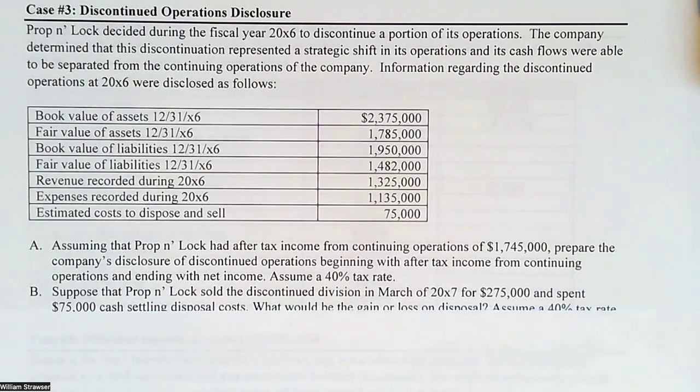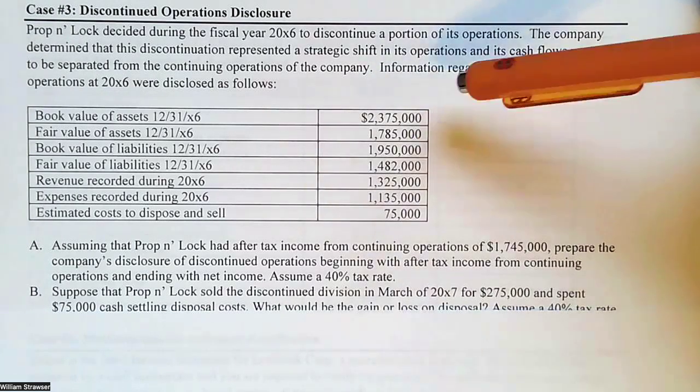Here, you actually have to calculate them, understanding what the idea of net assets is. So in this particular case, we've got a company, Prop and Lock. They decided during the fiscal year 20X6 to discontinue some of its operations. It met the qualifications of a discontinued op. It was a strategic shift. We can separate the cash flows from the ongoing operations of the company. And they have the following items.